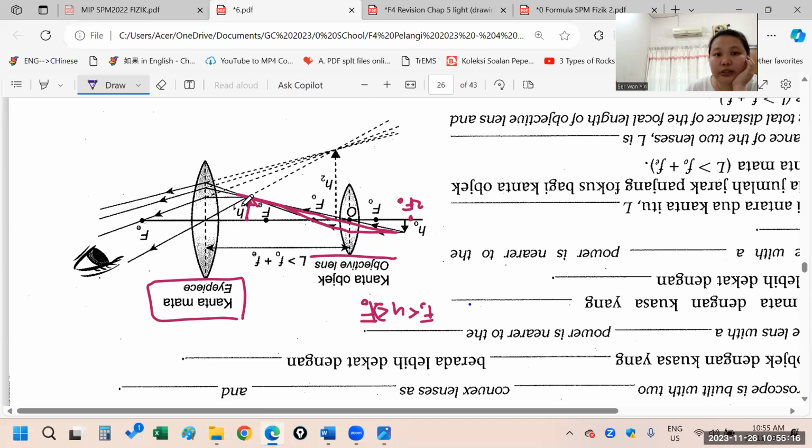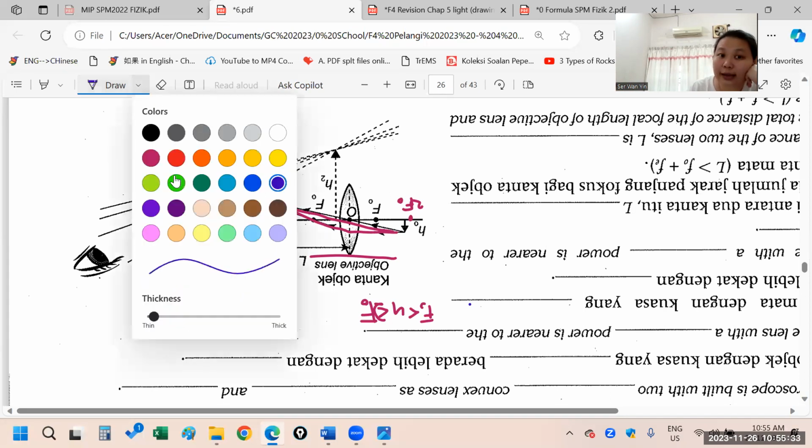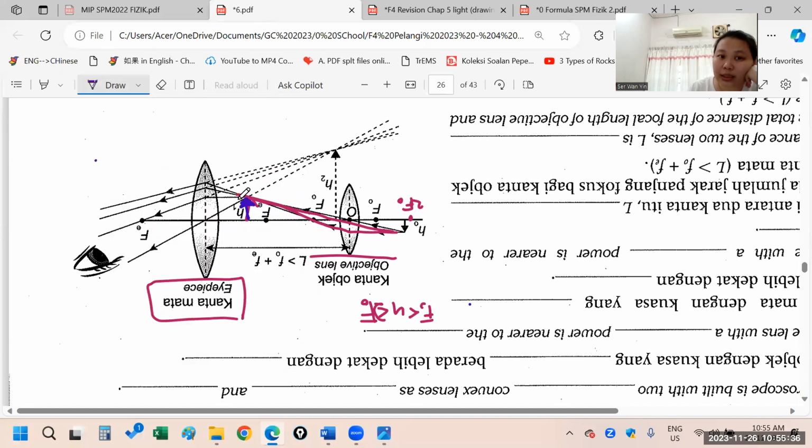The first image will become the object for the eyepiece. So I need to turn your book upside down. So this is the image. Then what should we draw? Let's draw KFC one more time.